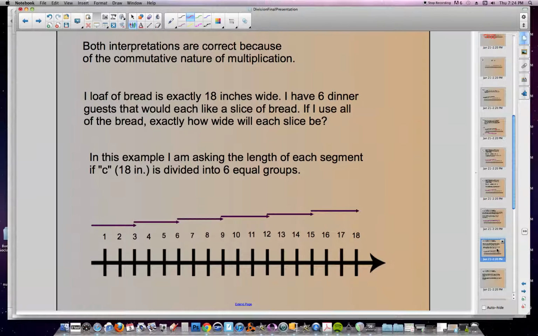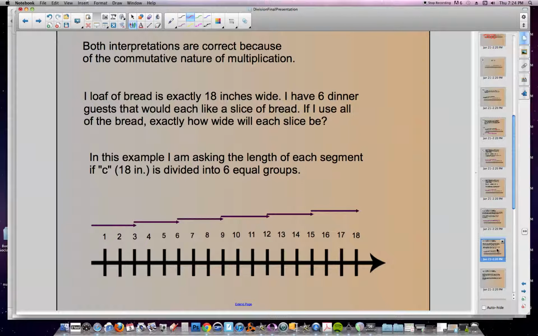Now let's think of another example. I'm going to bake a loaf of bread, and it's going to be 18 inches long, right? If I have 6 people coming over for dinner, and I want each of them to have a slice of bread, then how thick should the slice be? In the previous example, I had my length, and I was trying to figure out the quantity.